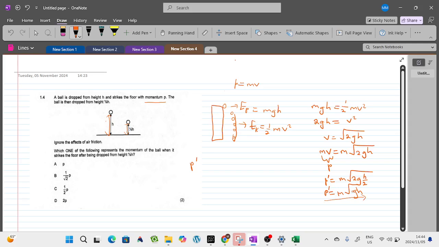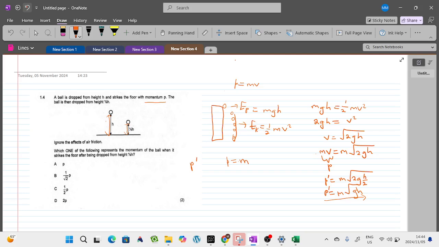Now we have this equation. p is the equation of the first momentum, equal to m times the square root of 2gh. This is the momentum p when the ball is dropped at height h, the first drop.